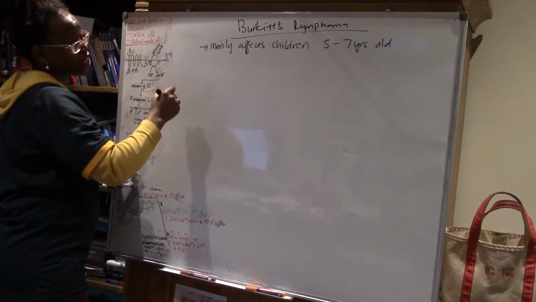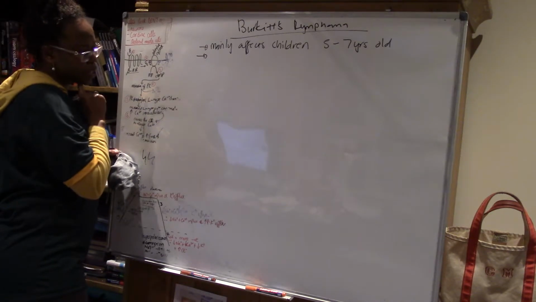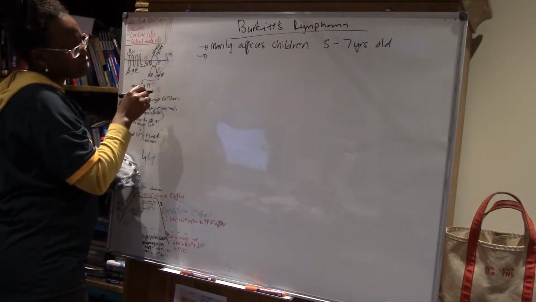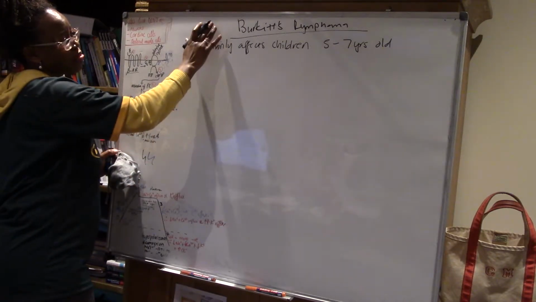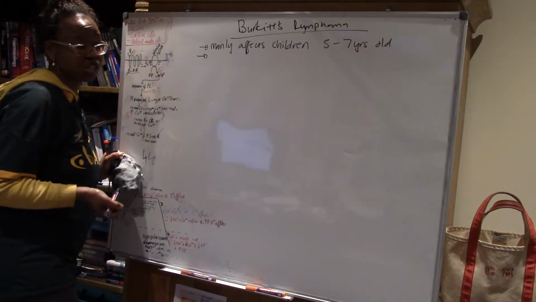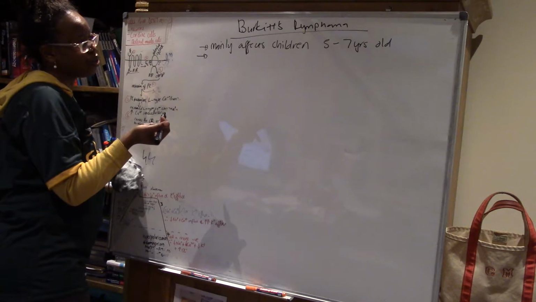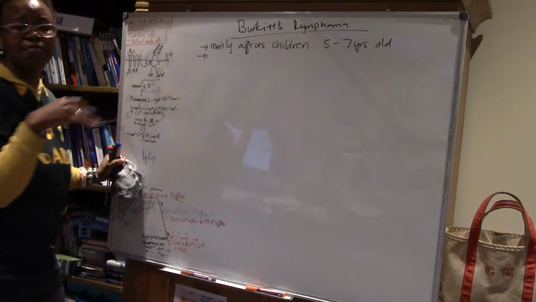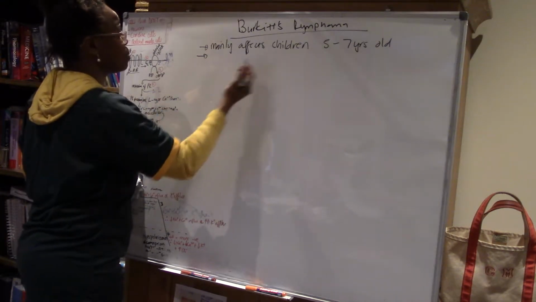It is a non-Hodgkin's. It's not as common, but the focus is because it affects children. So that's why it's important to include, after talking about things that mainly affect old people, something that affects younger people.